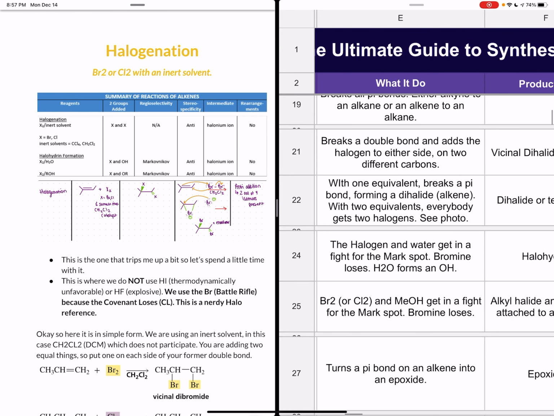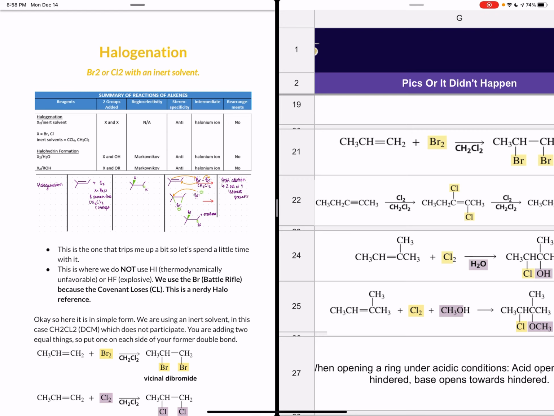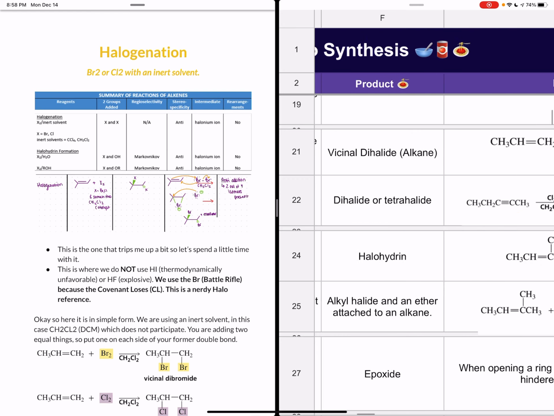As we can see here, you see one going up and one going down. It's an anti-addition, okay? So that's what that would look like. The Markovnikov doesn't really matter because it's just going to add to both sides of the pi bond. There's no stereospecificity or regiospecificity or selectivity in that, okay?